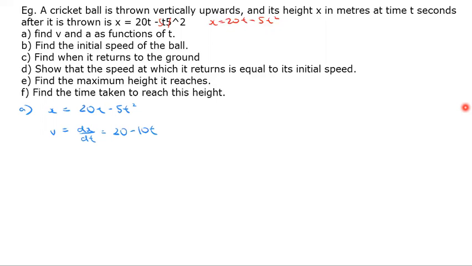Right. You derive displacement, which in this case is 20t minus 5t squared, and that gives you your answer for v. Does that make sense? Yeah. All right, how do I find a? You derive v. And that's that. And that's a done. Any questions with that? No.